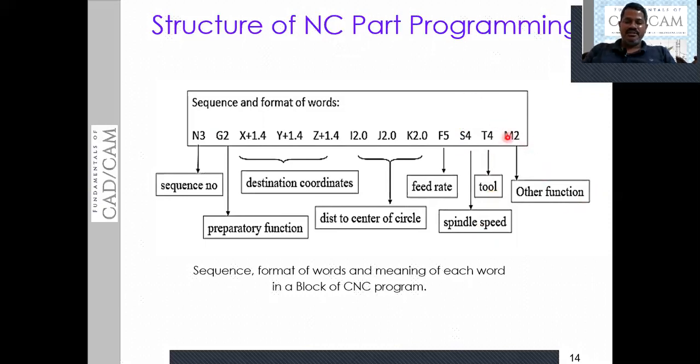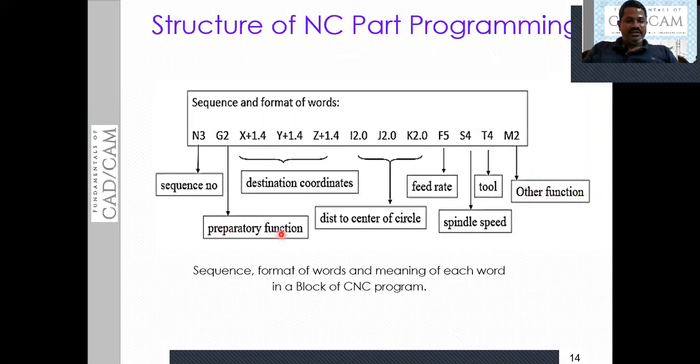Miscellaneous function means, other than the movements of the tool, we have functions like when to start the program, when to stop the program, and whether the spindle needs to rotate in clockwise or anti-clockwise direction. All these are indicated by the miscellaneous function or the other function.